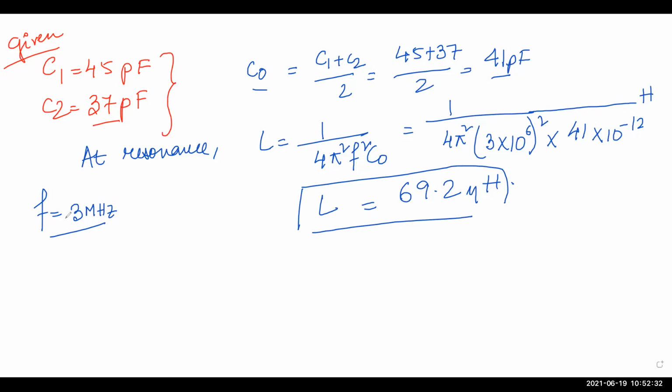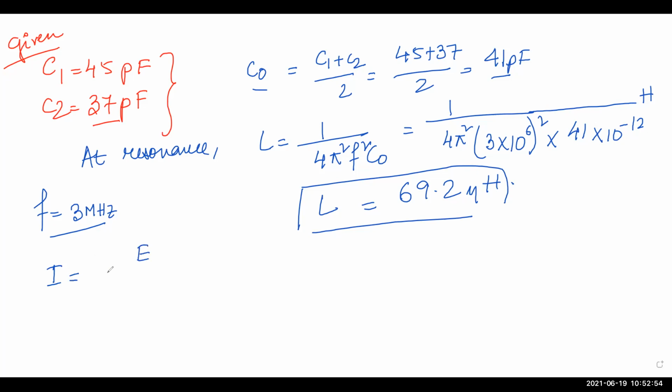Then you see when the capacitance in the circuit is C1, which I told you is 45 picofarad, you have to find the value of current that is flowing in the circuit. For that, we need to find the current for finding out the resistance.